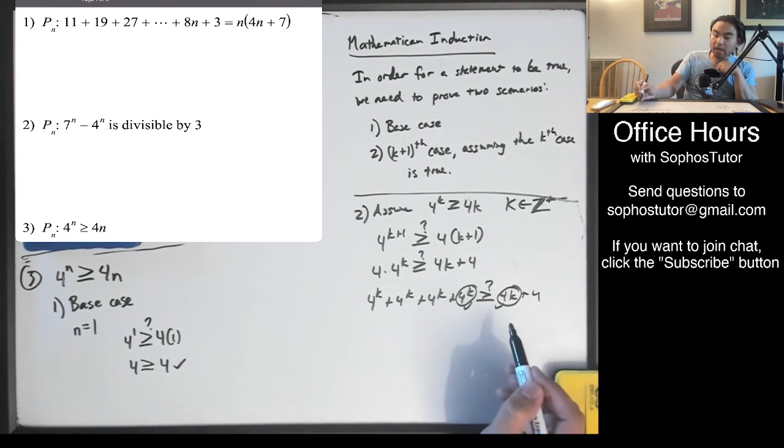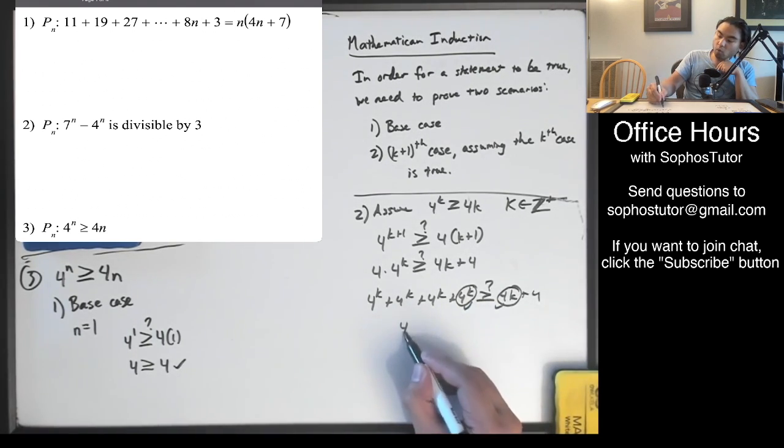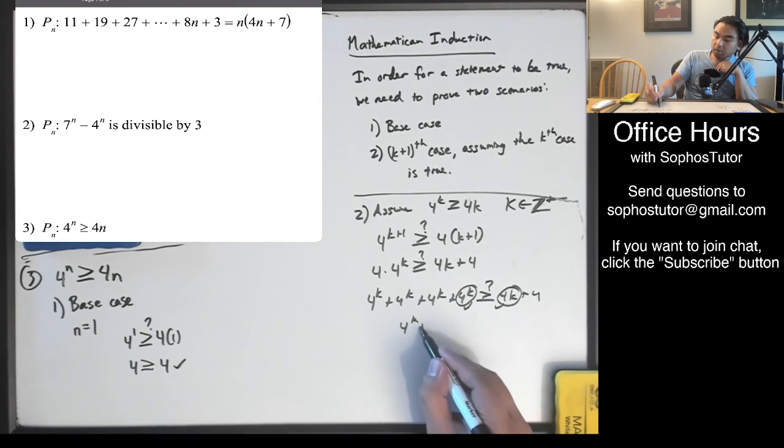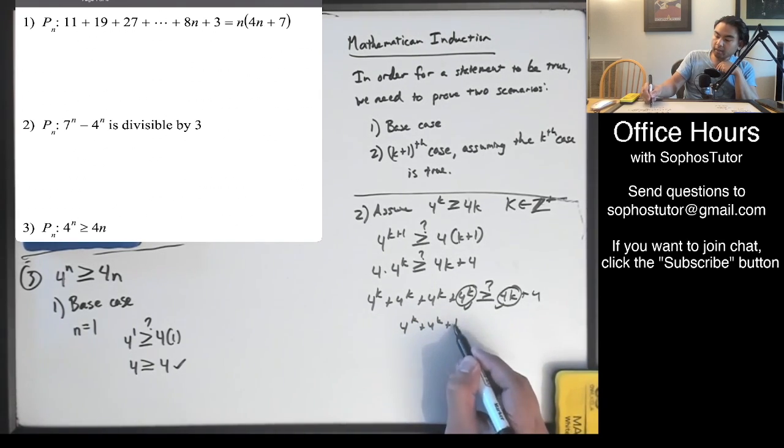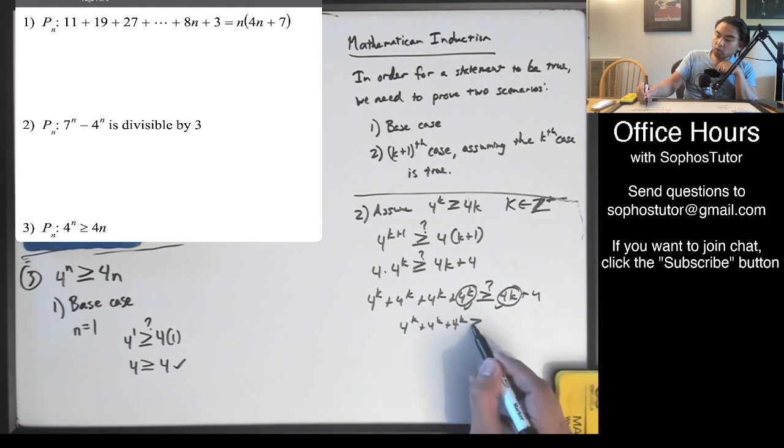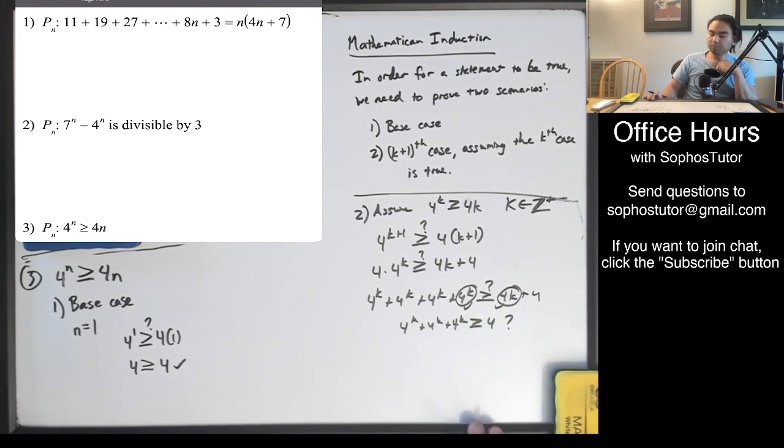So if we take those out, is 4 to the k plus 4 to the k plus 4 to the k always greater than or equal to 4? Just trying to figure out the best way to prove it, because it seems obvious to me. I just want to make sure that we're using the proper statements.